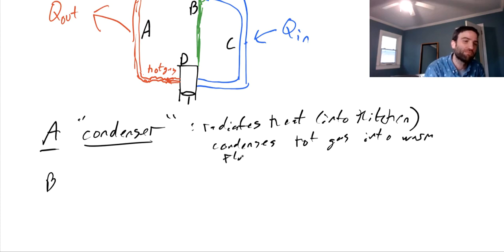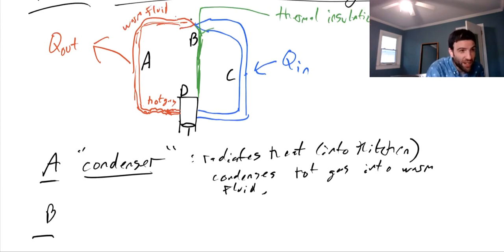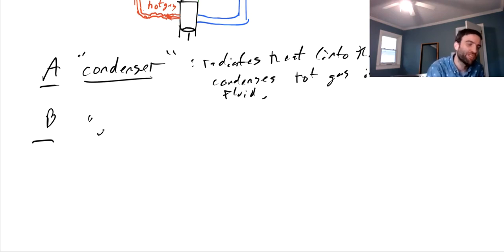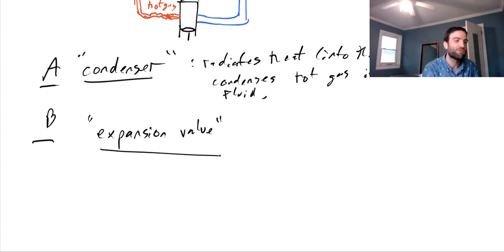Sounds great. Okay, part B of this cycle, this place where the tubing suddenly gets very narrow, is called the expansion valve, sometimes also called the constrictor, and that's what Bloomfield's text calls it, but this is what I've always learned it as. The expansion valve. What's the point of this?